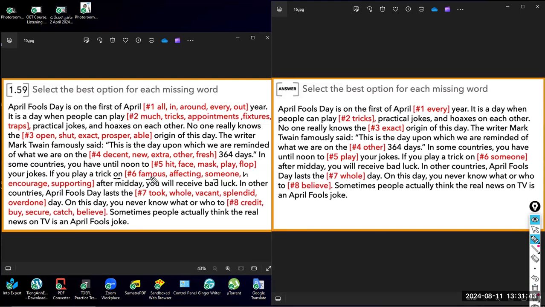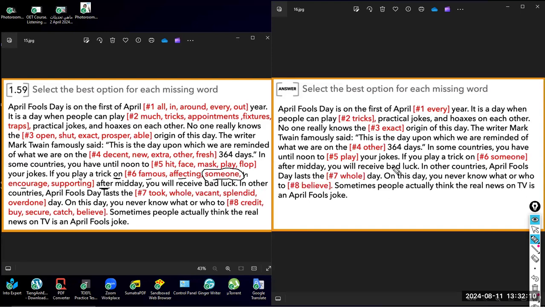Famous what? I need a noun after famous, and here I don't have a noun. Affecting is an adjective. I don't have a noun after affecting. And even encourage is a verb. Encourage what? Encourage people, for example, I don't have a noun. Supporting what? Supporting people, again, I don't have a noun. So this is why I have to say play a trick on people or someone.